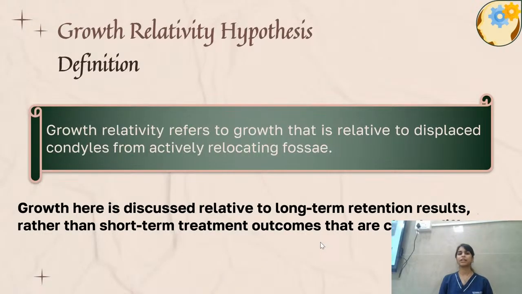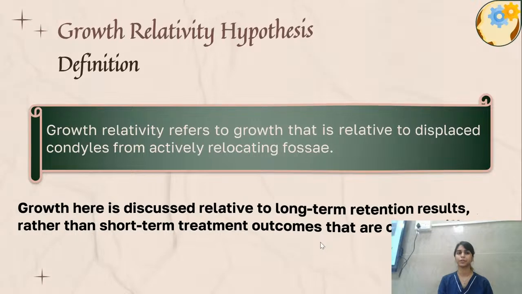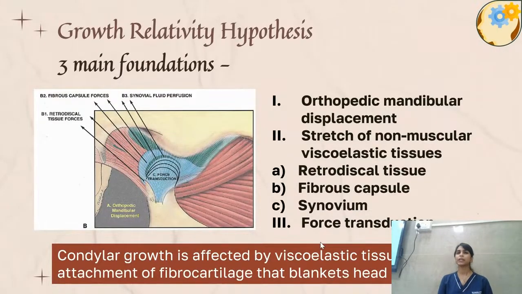Growth relativity refers to growth that is relative to displaced condyle from actively relocating fossa. The growth discussed here is relative to long term retention results rather than short term treatment outcomes, that are clearly different.